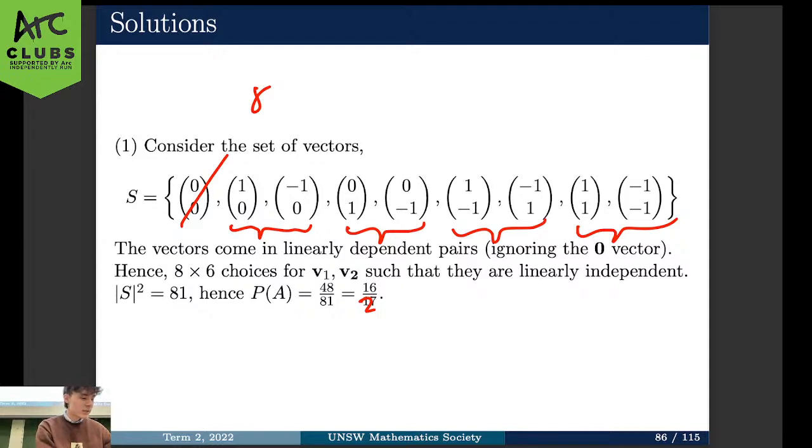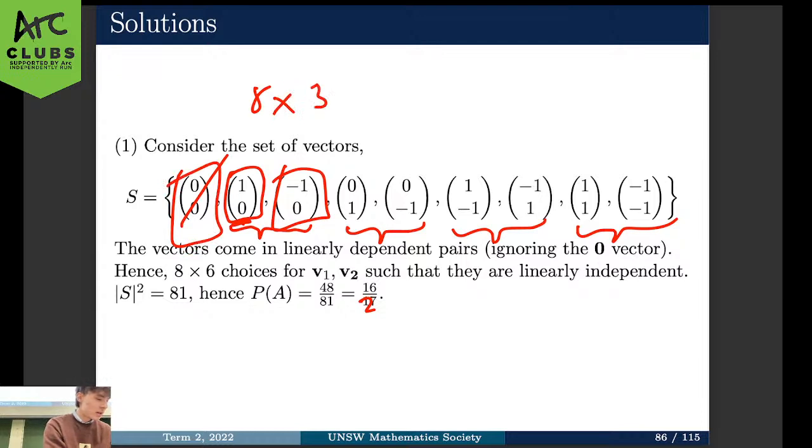And out of these 8 choices, say I picked 1, 0. Now, there are 3 other vectors I could pick such that they are linearly dependent, or scalar multiples of each other. And that would be 1, 0 itself, negative 1, 0, or the 0 vector, right?